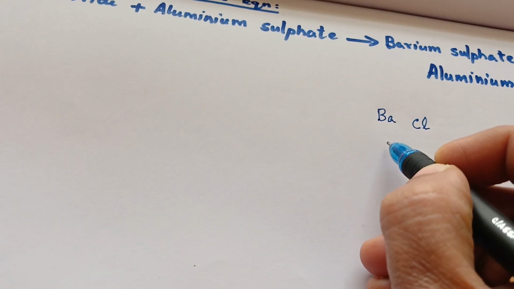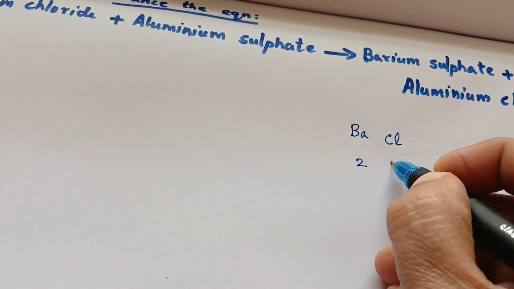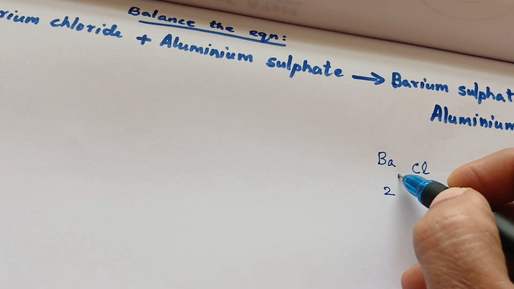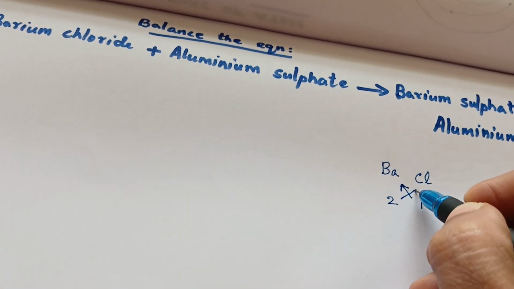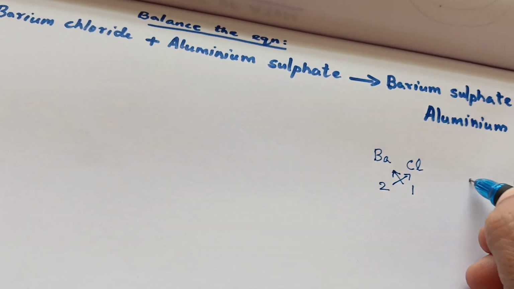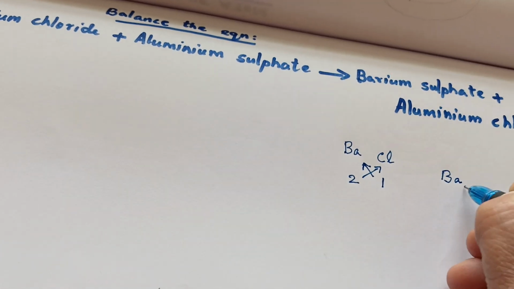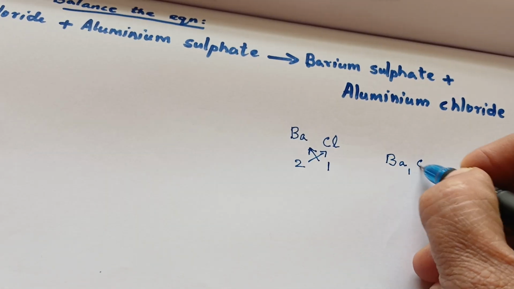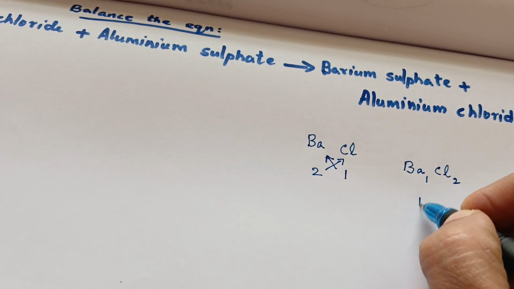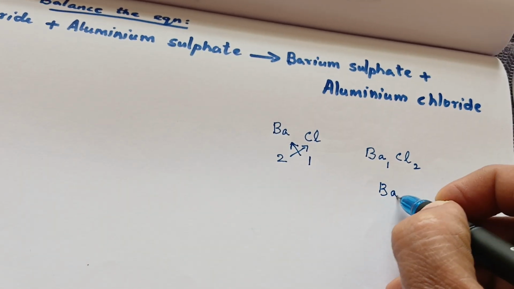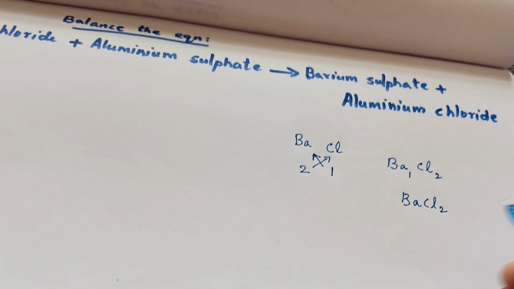Barium has valency 2 and chlorine has a valency of 1. Let us interchange the valencies. Now we will get 1 for barium and 2 for chlorine. So the formula of barium chloride is BaCl2.